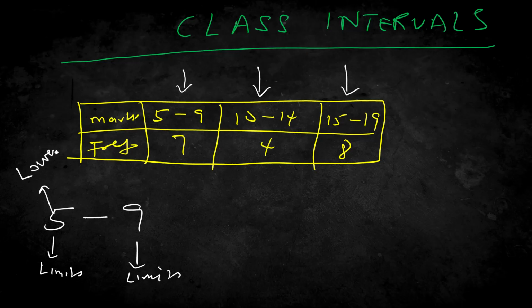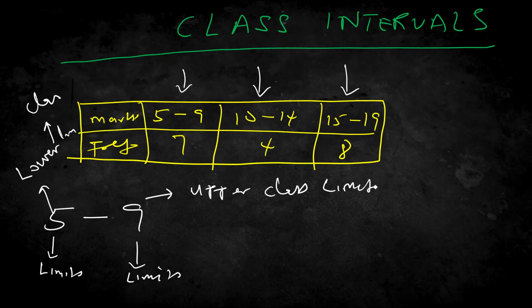This one is the lower limit, and this one is called the upper class limit. So this one is called the lower class limit, then this one upper class limit. All right.